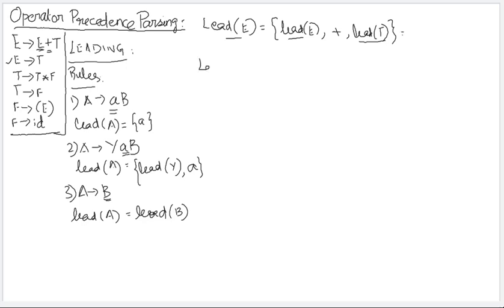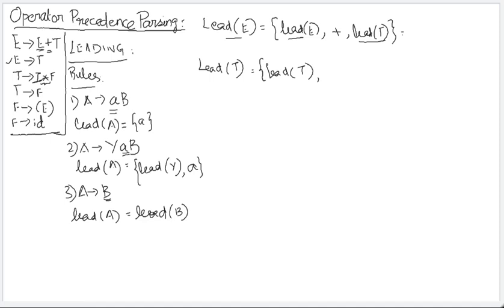Okay, so let us find the lead of capital T. It also has two productions. The first one starts with T star F. So it starts with a non-terminal. So include lead of capital T, comma.